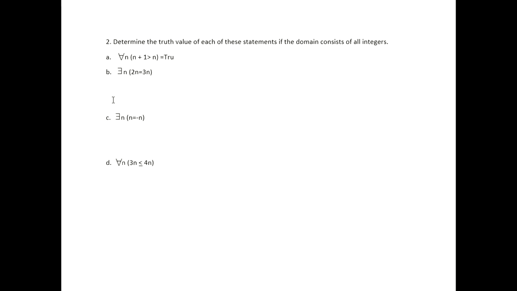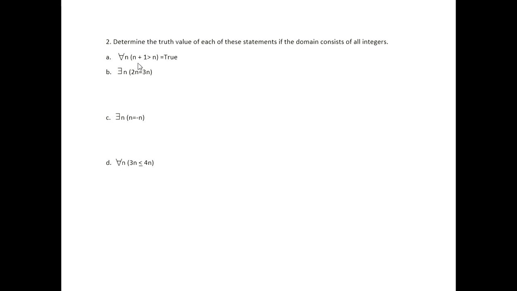So, next for letter B. So, the existential quantification of n, whereas 2n is equals to 3n. So, diri is existential man siya, dili man siya universal. So, there are some or there exists a number.